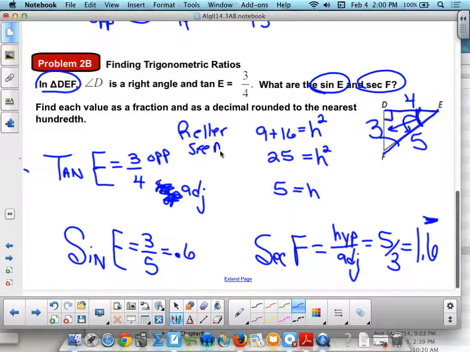Is that the one? No, it's the 11. Give you one more.